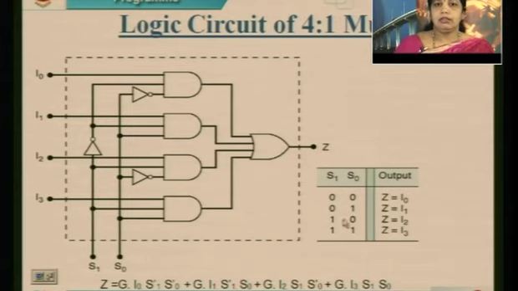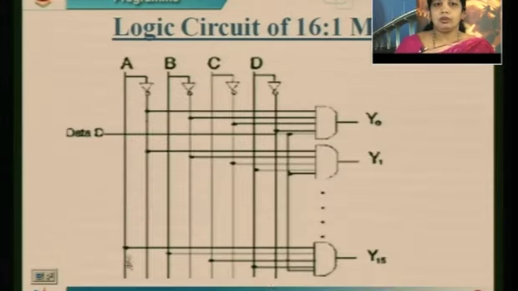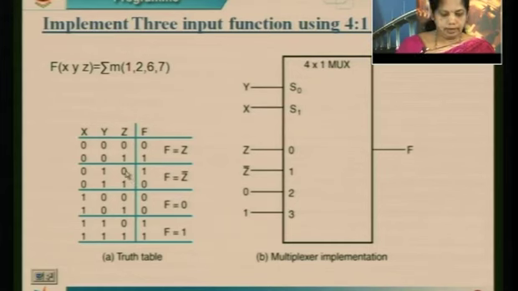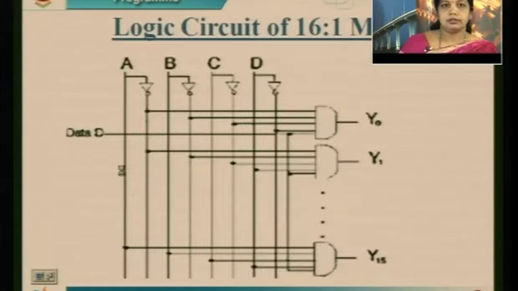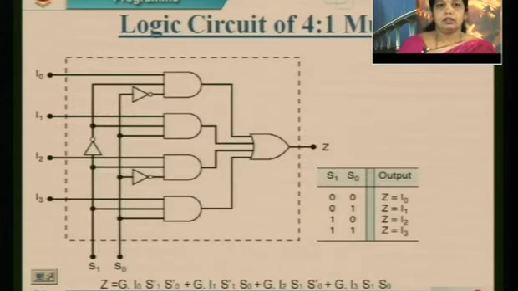Similarly, if I take 1 0, so S0 will be 1 and S1 will be 0. In this case, if this is 1, this AND gate is high. So, based on this, we decide which input has to be directed to the output side.